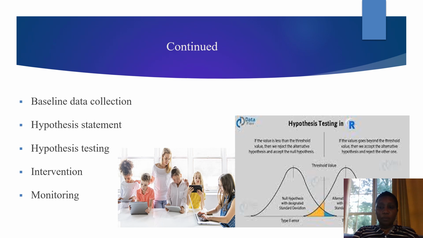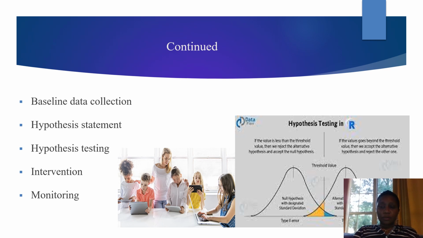Additionally, the FBA components include baseline data collected from various sources to understand the interfering behavior to design an intervention strategy. The next component is the hypothesis statement based on the assessment outcomes and sufficiently describes the behavior. Hypothesis testing is another important component of the FBA to ensure that it is correct and effective.